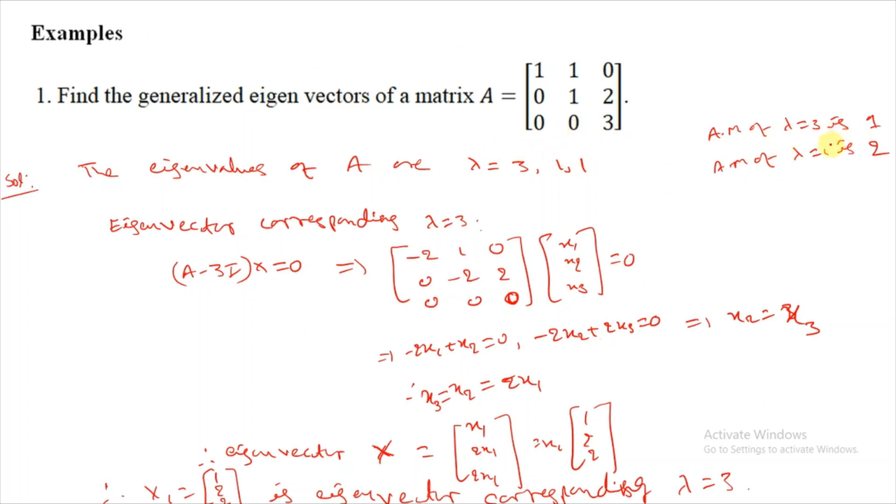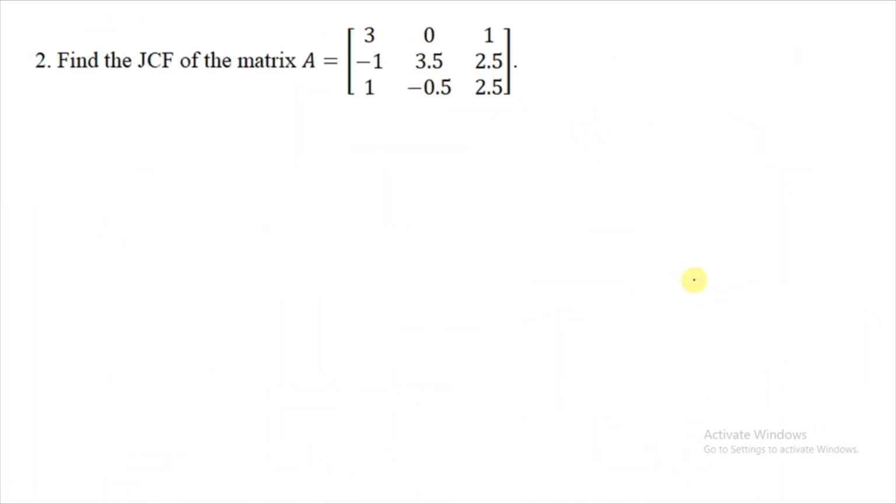Now Jordan canonical form: corresponding to lambda equal to 3, the geometric multiplicity is 1, and for lambda equal to 1 also. Now we get Jordan blocks: one Jordan block corresponding to lambda equal to 3, and another corresponding to lambda equal to 1. Now what is the Jordan canonical form? I am writing here.